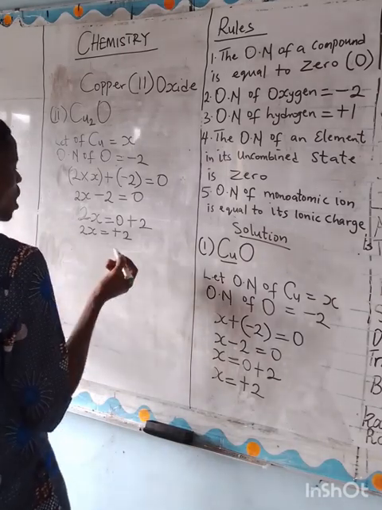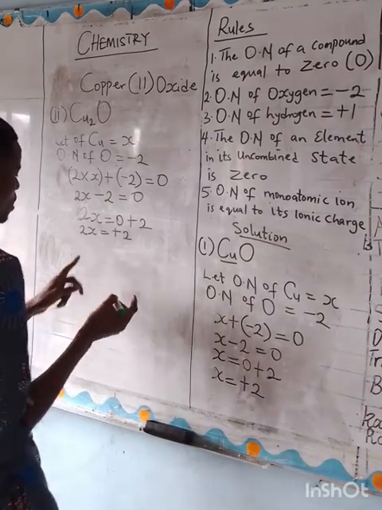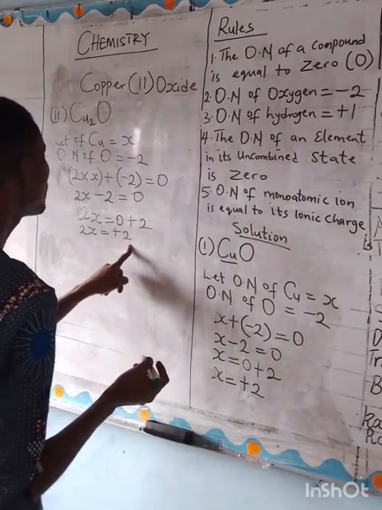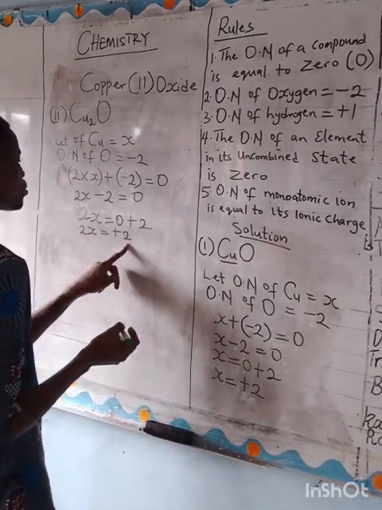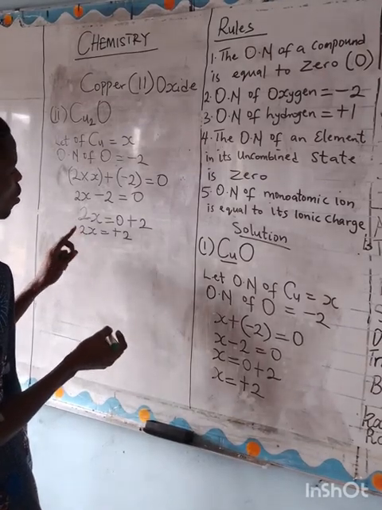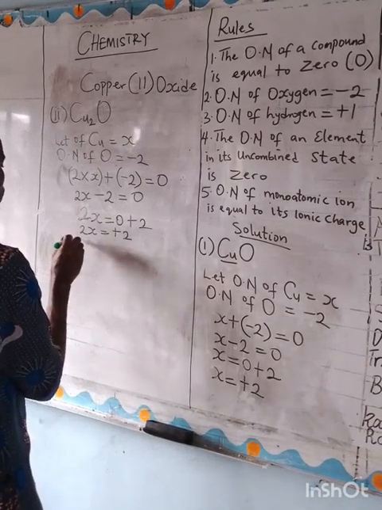Now, is this all? No. This is 2x, this is 2. If we divide both sides by 2, we'll be able to eliminate the 2, getting the coefficient of x. So divide by 2.